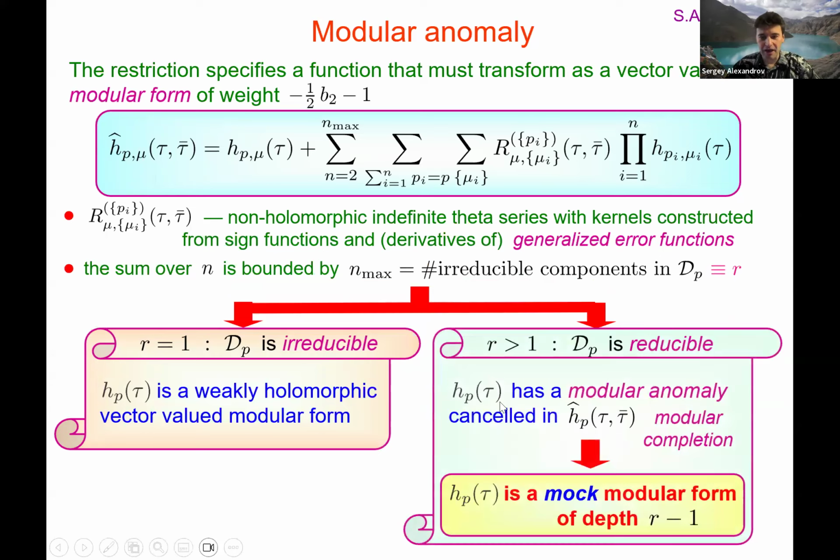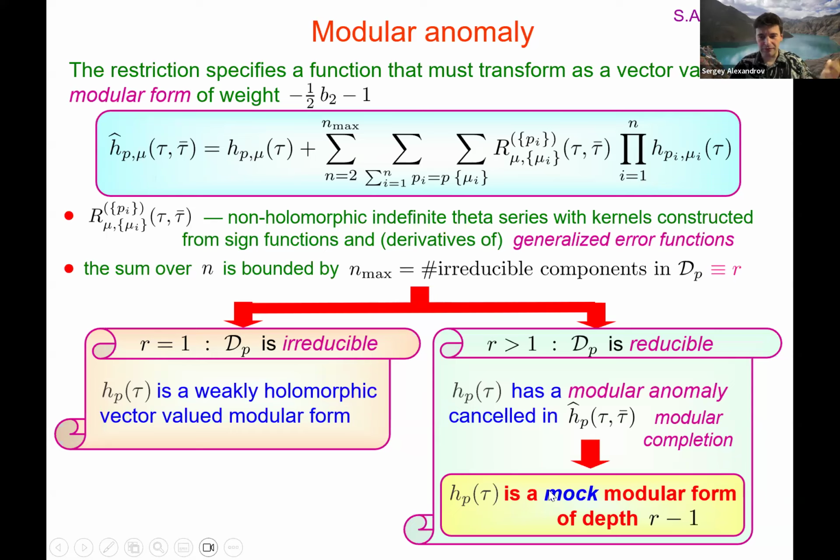But if r is larger than 1, or in other words, my divisor is reducible, the second term is present, and its role is to cancel a modular anomaly of the original generating function. So in other words, the original generating function does have a non-trivial modular anomaly. And in fact, from the mathematical point of view, it's the so-called mock modular form of depth r minus 1. Well, this is just a name.